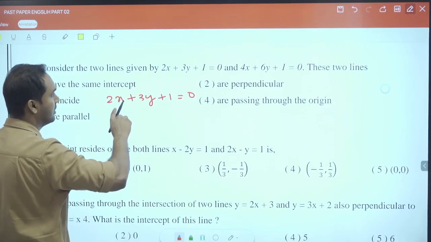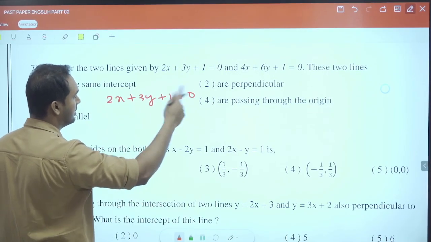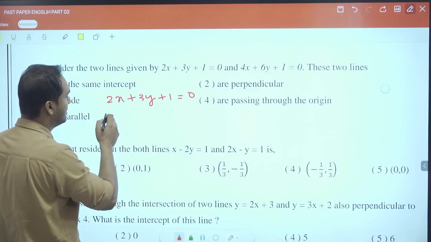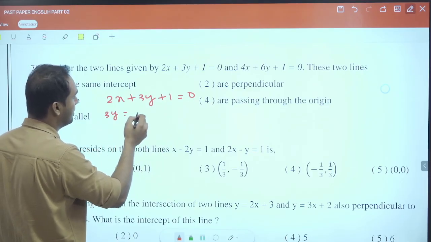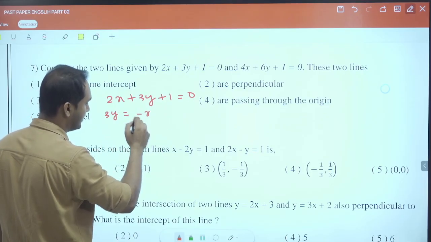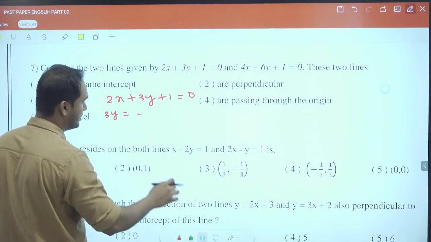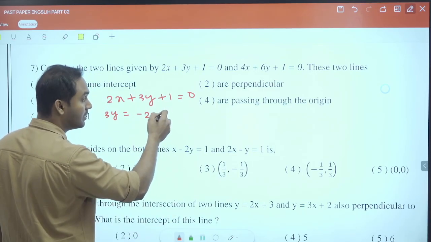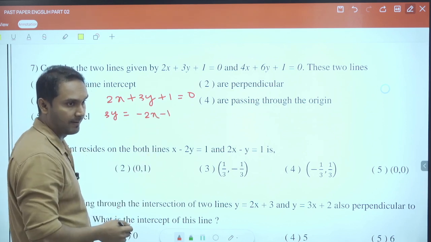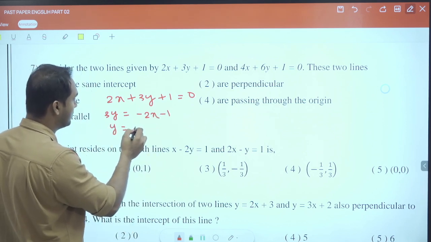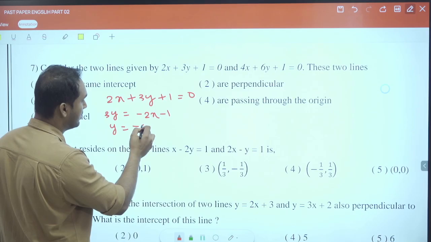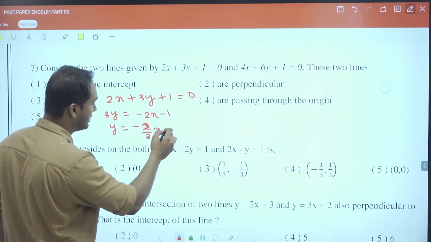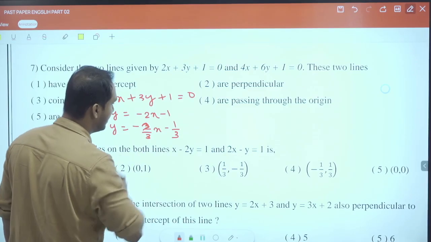Take the plus 1 to the other side, that will be minus 1, and 2x will be minus 2x. So 3y equals minus 2x minus 1. So y equals minus 2 over 3 x minus 1 over 3, right?